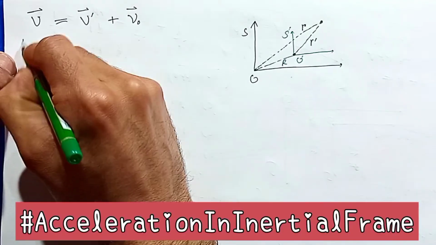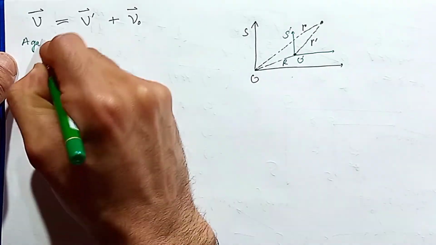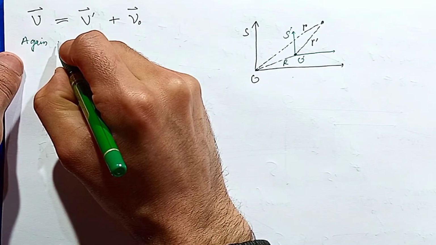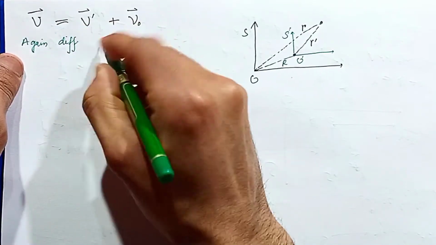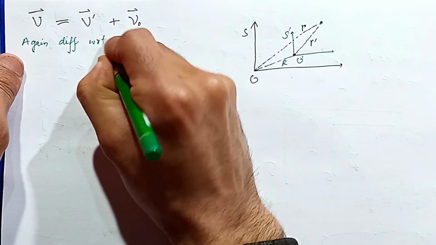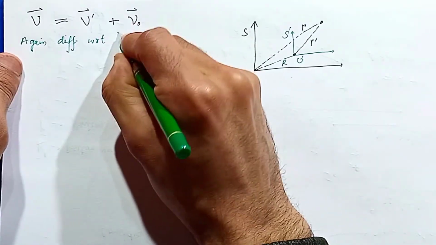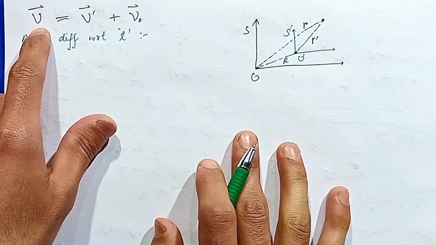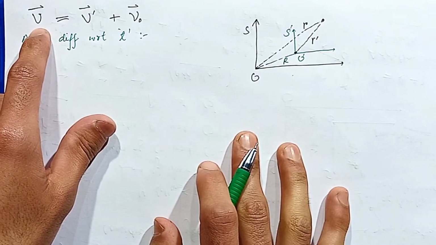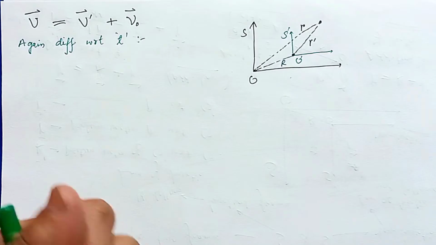Again differentiating this equation with respect to time, because acceleration is the double differentiation of the position vector. On single differentiation we get the velocity, now we double differentiate it.